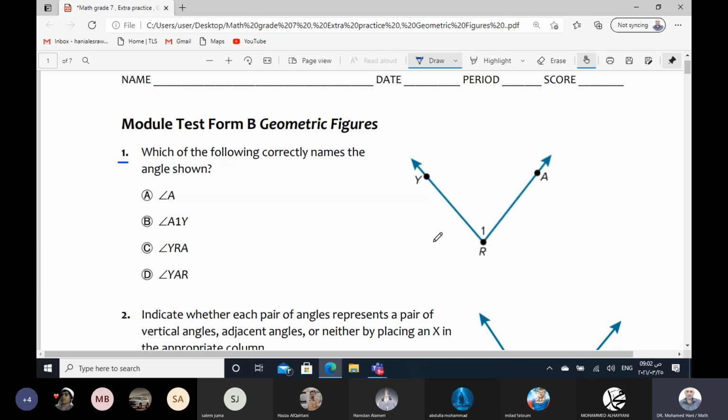We can name this angle. We can write ARY. This sign means we have the angle. We can write ARY, or we can write YRA, all letters capital letter.